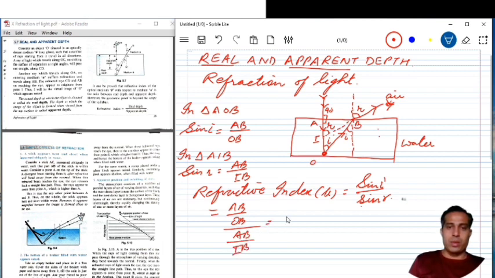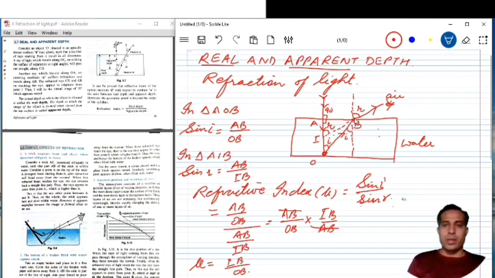So this will be AB over OB into, this will change, IB over AB. AB and AB will cancel, so the refractive index will be IB over OB.